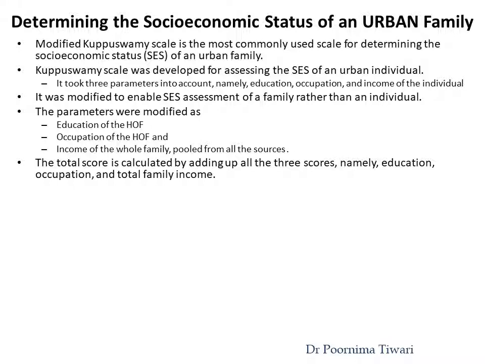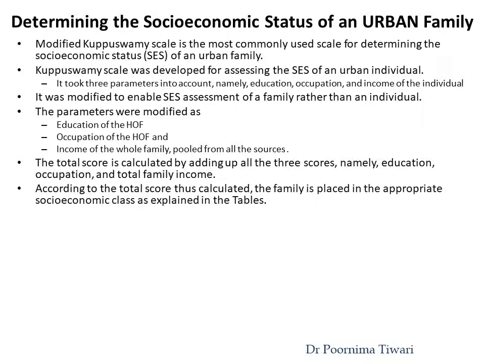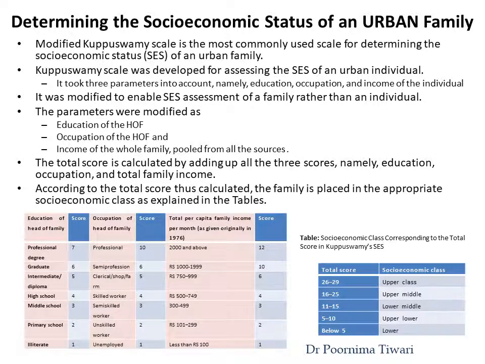These scores are added up, and then we decide according to the given table what is the socioeconomic class to which the family belongs. The details regarding what is regarded as a professional occupation, semi-professional, skilled, semi-skilled are discussed in a blog on the same topic.